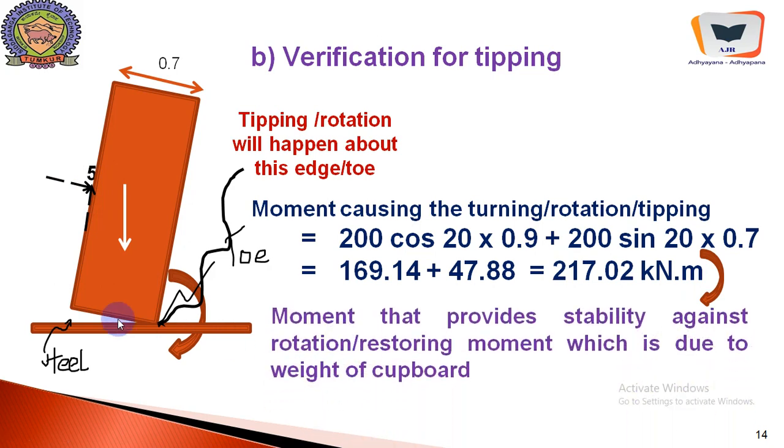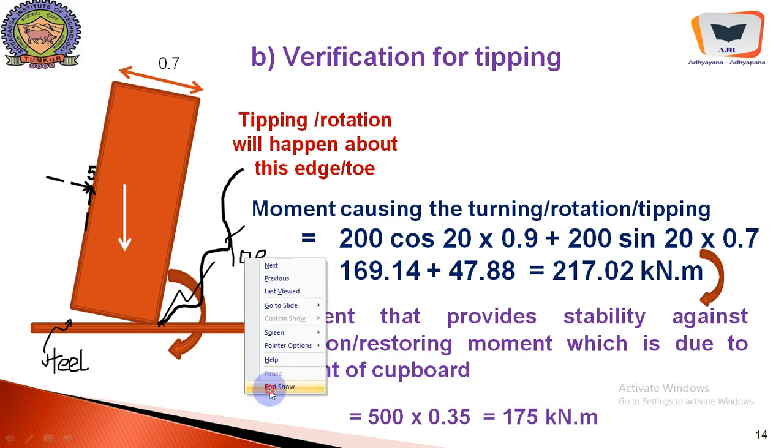If it has to stand by stability, the moment that provides stability against rotation, or restoring moment, is due to the weight of the cupboard. The cupboard weight will offer a protecting or stabilizing moment. It has a moment arm equal to 0.7 by 2, that is 500 into 0.35, which is 175 kilonewton meter.